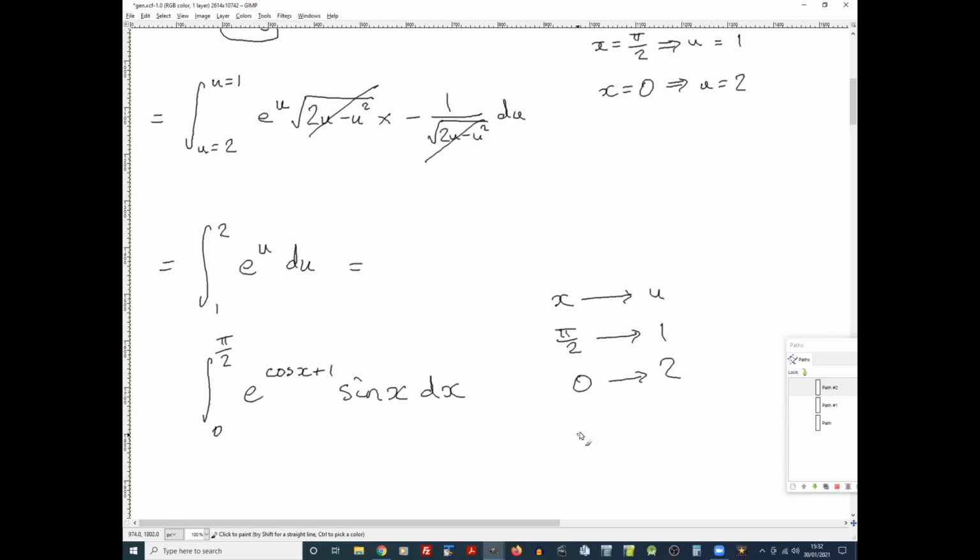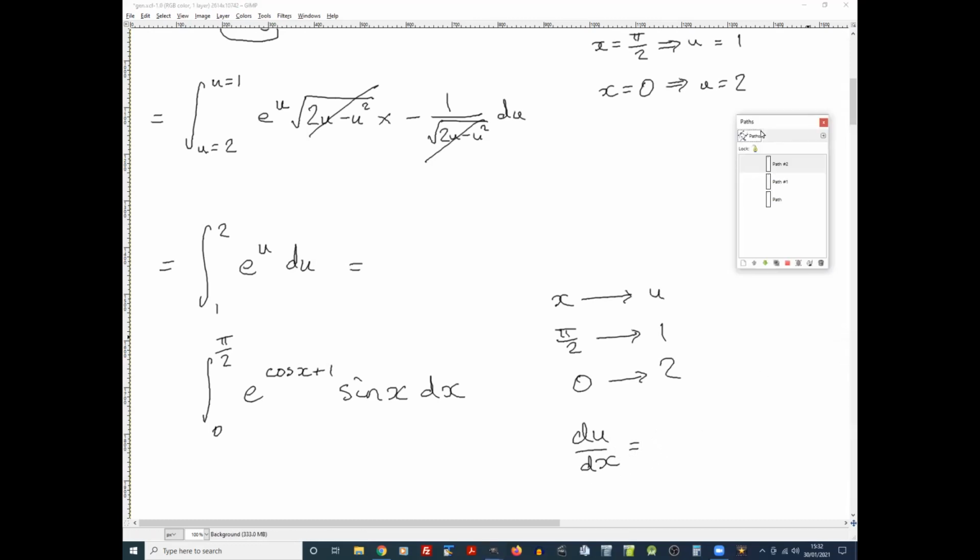Since du dx is what? Du dx was, what was it? Was it minus sine x? Well, think it through then. Don't just try and remember, but it is minus sine x. Think of why that's so, because you're differentiating that with respect to x.